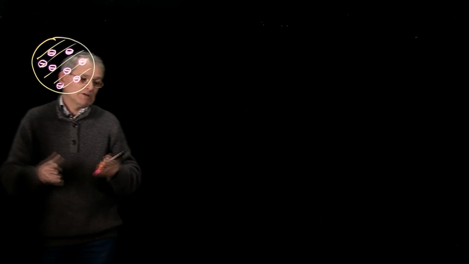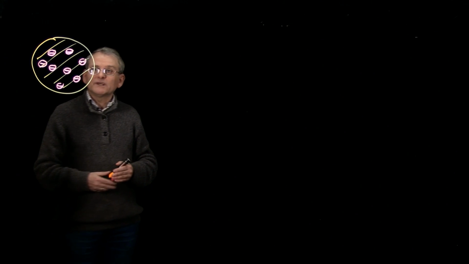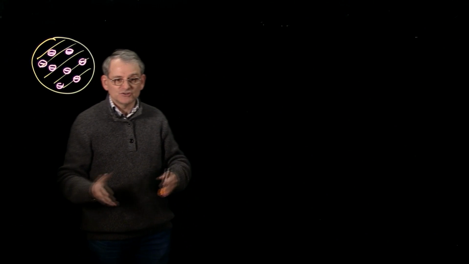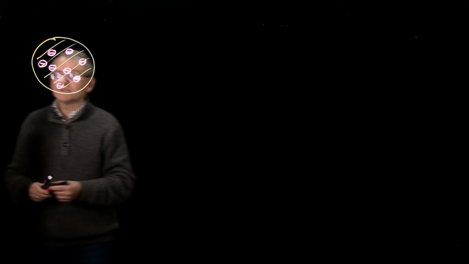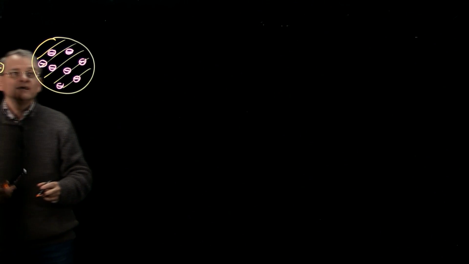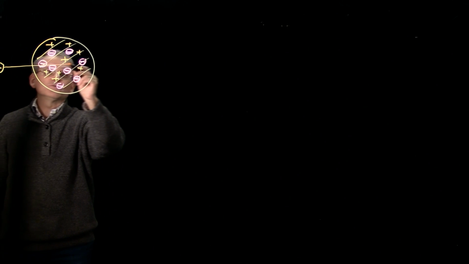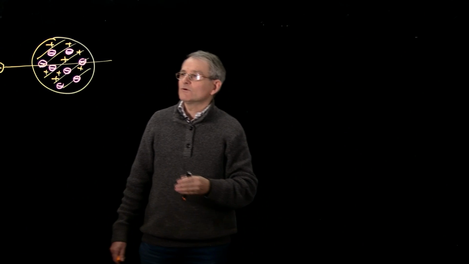So in this plum pudding model, where we have positive charge interspersed with negative charge, this model can be subject to a test, and that's exactly what Rutherford set out to do. Because if the charge is a loose distribution, distributed uniformly in a volume of space, and you were to fire some positive charged particle at this, you'd expect there would be some deflection of that positive charge, but the deflection would be through a small angle.